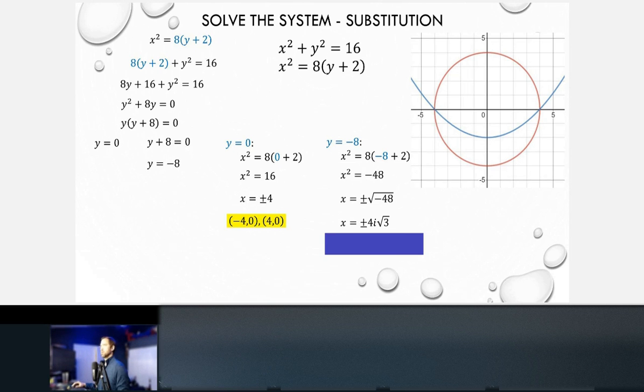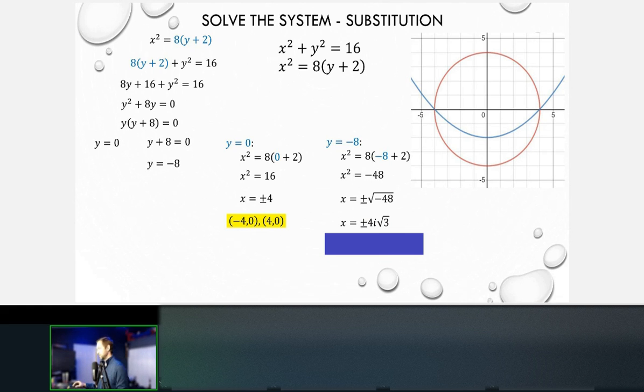Well, when you solve a system of equations, we only care about real solutions. So whenever you get something that's imaginary, we just ignore them because, well, they're imaginary. We only care about where they really intersect, not where they imaginarily intersect. I don't know.